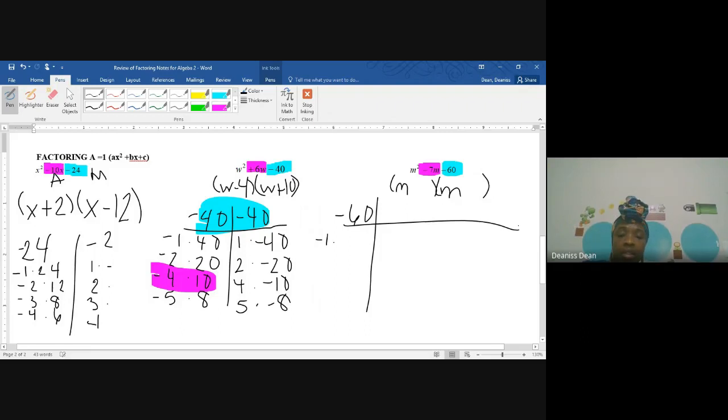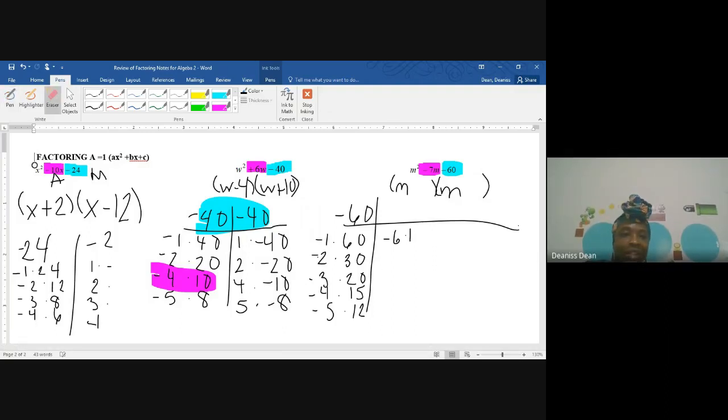So negative 1 times 60, negative 2 and 30, negative 3 and 20, negative 4 and 15, negative 5 and 12, negative 6 and 10. All right, then the reverse. So positive 1 times negative 60 and so on.